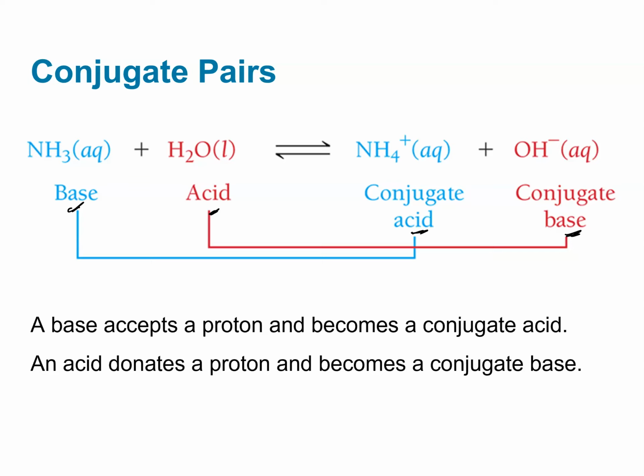Conversely, that's going this direction, forward. If we look at it as reversed, the hydroxide acts as a base, grabbing this proton, fourth proton, from the ammonium, and becomes the conjugate acid, water, right? So this is, like in the last chapter, dependent on the direction by which you're viewing the reaction.